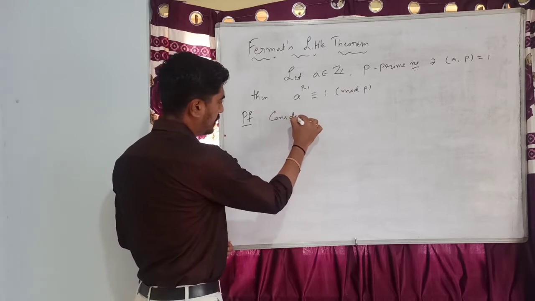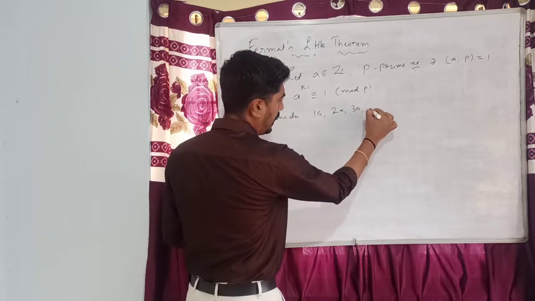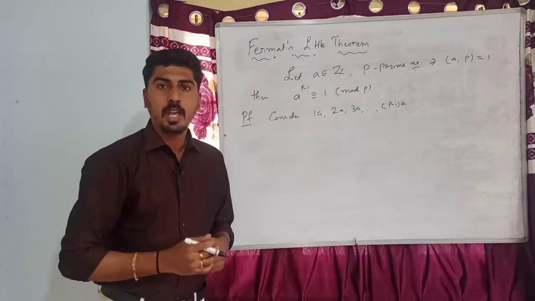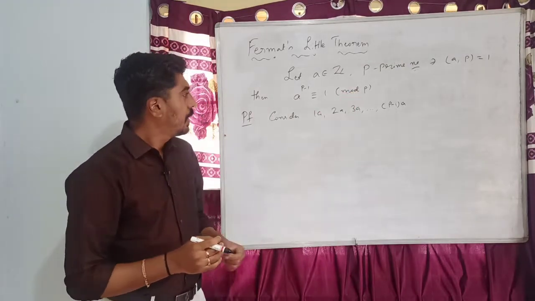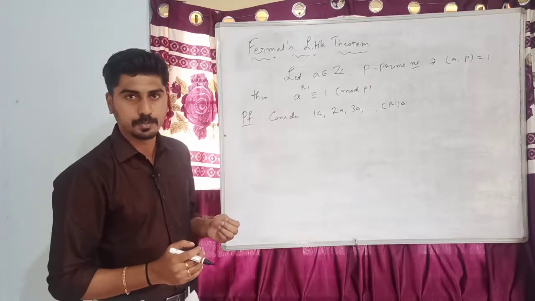Consider the integers 1a, 2a, 3a, up to (p minus 1) times a. When I divide these integers by the prime number p, I claim that I don't get the remainder as 0.